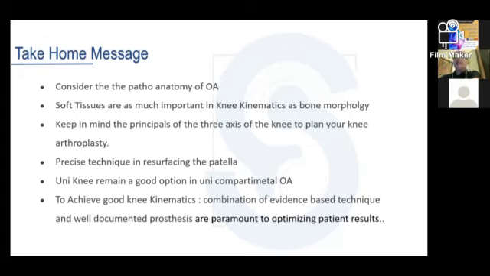Is the medial pivot design and the mobile bearing, are they similar or are they different? No, they are different. Medial pivot and mobile plateau are different. Medial pivot means the principle of a ball and socket on the medial part.